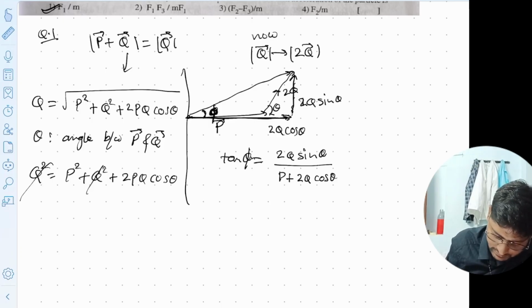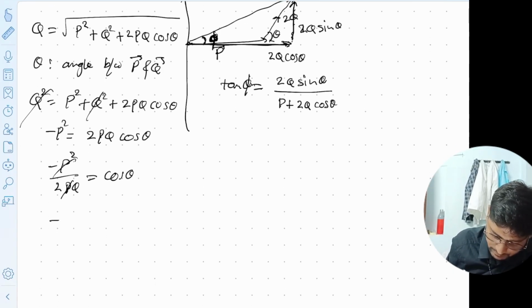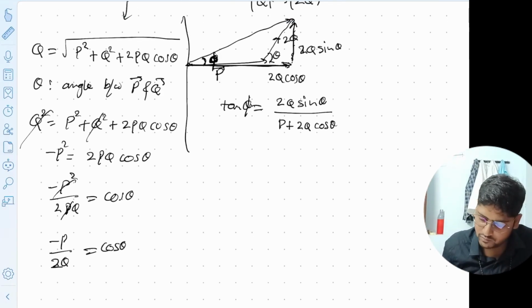Q square cancels. P square goes to this side: minus P square equals 2PQ cos theta. 2PQ comes to the divide: minus P square by 2PQ equals cos theta. P cancels, so it becomes minus P by 2Q equals cos theta. We got the value of cos theta.